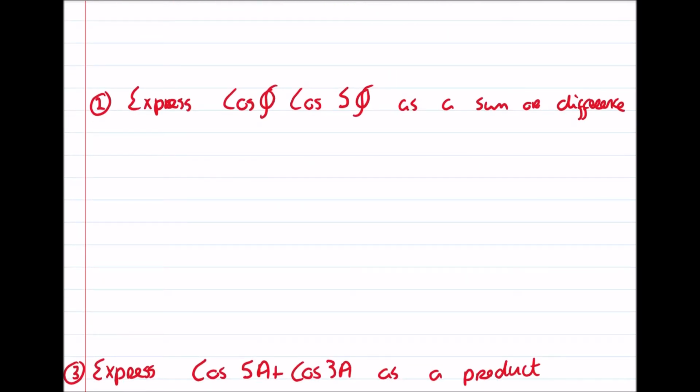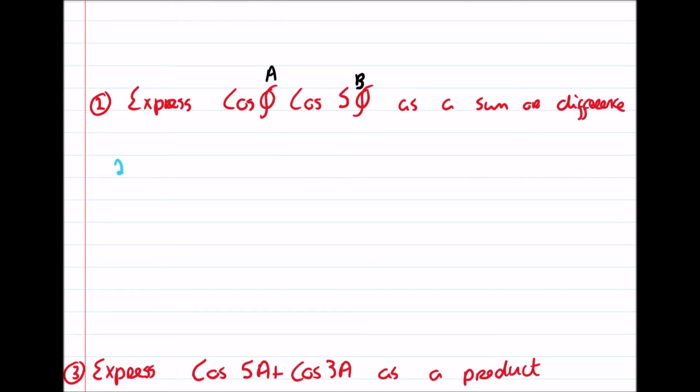Next one, express cos theta cos 5 theta as a sum or a difference. Right. Notice we don't have a 2 here, okay? But we do have cos and then cos. So this will be A and this will be B. So we'll be looking for the cos formula.